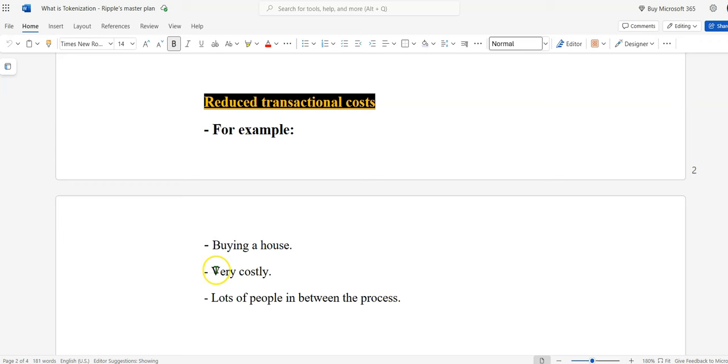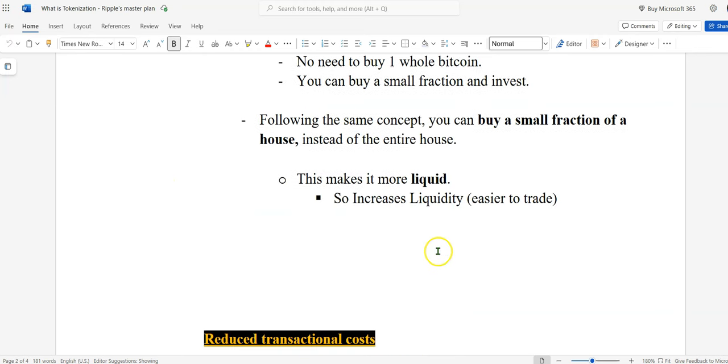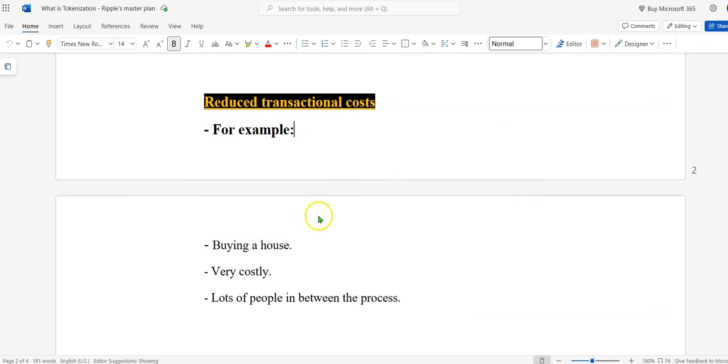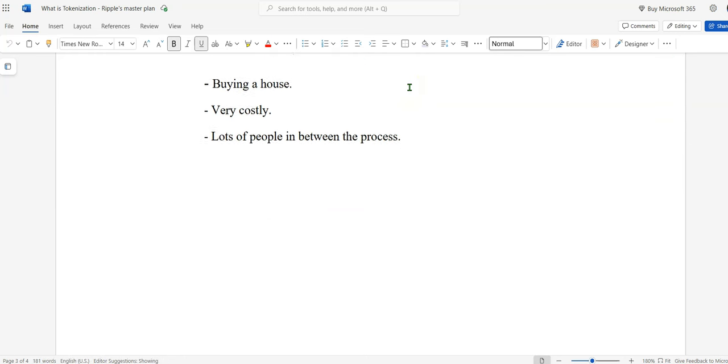So when you tokenize it, maybe doing this fractional ownership is going to be cheaper. Or if you just want to sell your whole house to somebody else, maybe you don't need all these people in between. Maybe one person is enough, and the cost is going to go down dramatically as well. So reduced transactional costs is another one that we want to keep in mind.